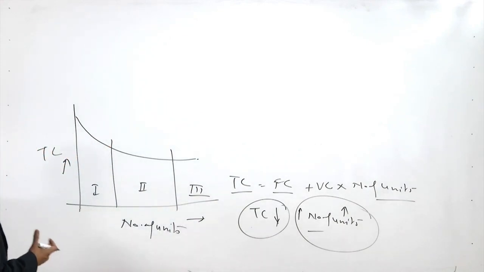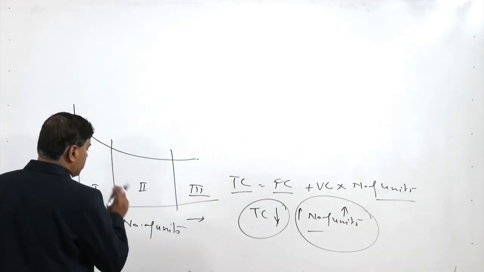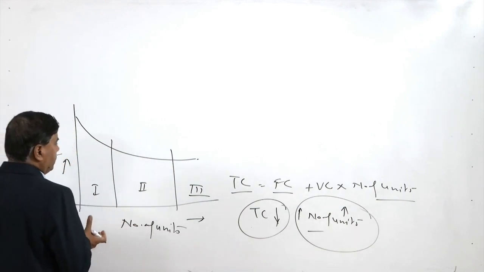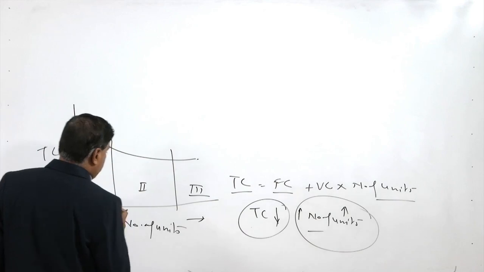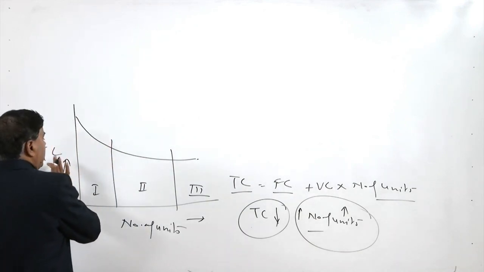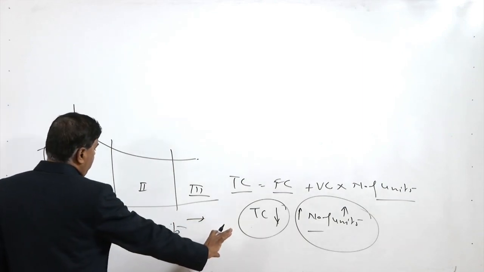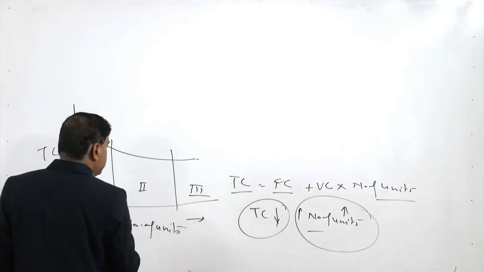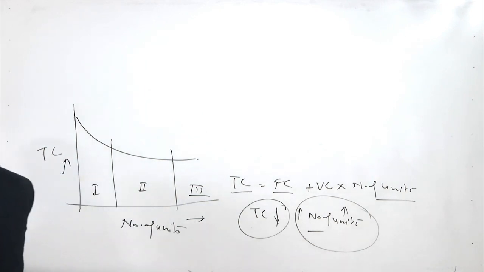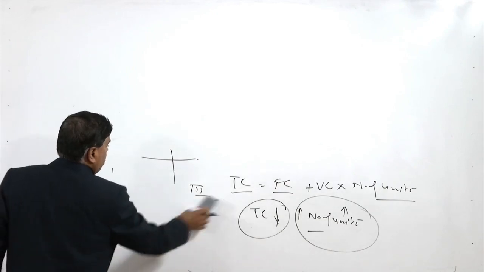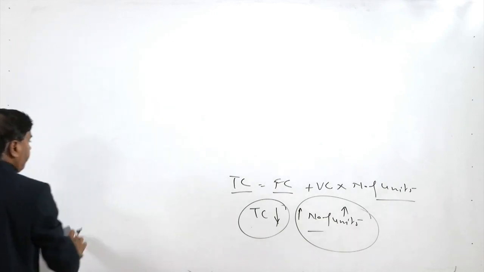So, according to the suitability, option 1 or option 2 or option 3 may be chosen. But in general, with the increase in number of products, the total cost of the item decreases. So, as per the number of units to be made, we can select the suitable option.